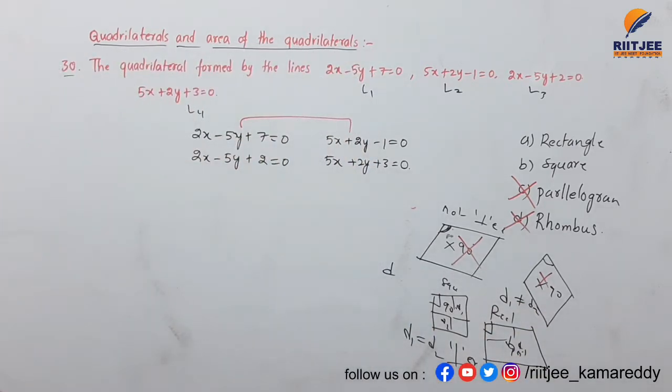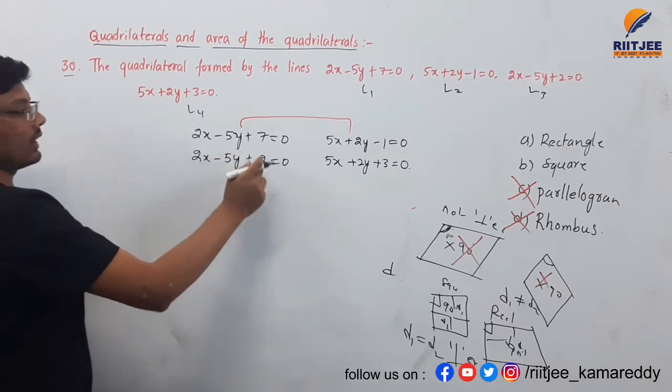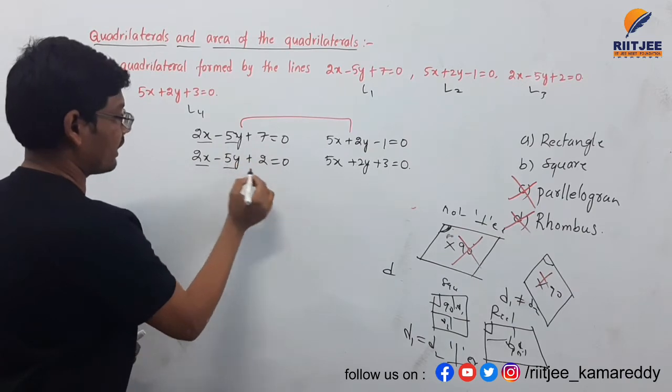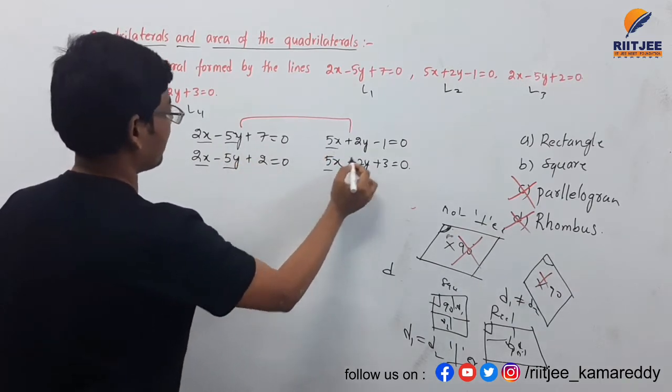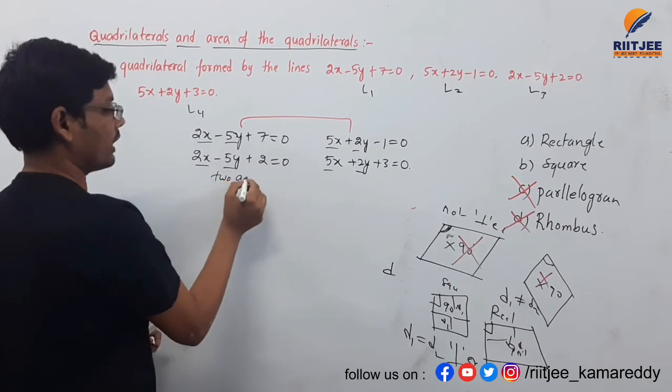So if you know the distance between these two lines here, we can find whether they are square or rectangle. If two lines are parallel, these two are parallel. Why? Because here these 2x, 2x, 5y, 5y, 5x, 5x, 2y, 2y.